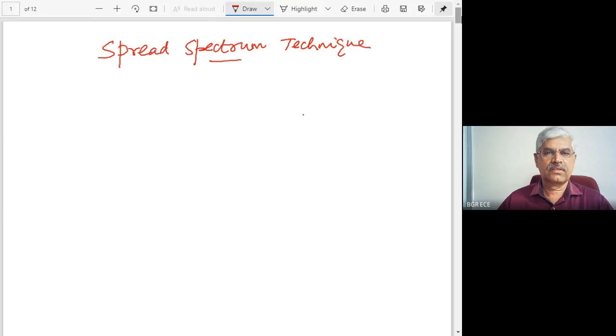That is normally assumed to be Gaussian in nature, in which the probability of noise voltage being around 0 is very high, and the probability of noise voltage being higher and higher goes on reducing in the form of a Gaussian PDF.